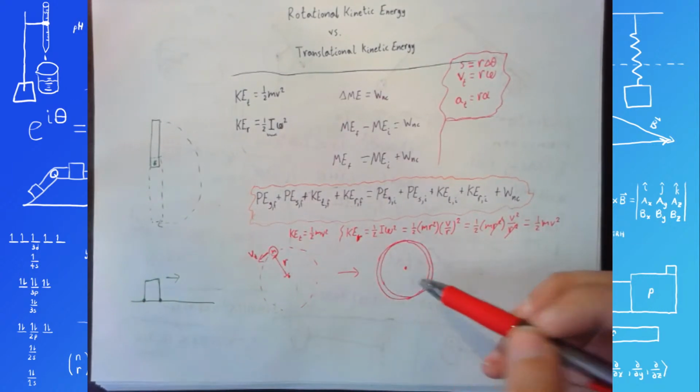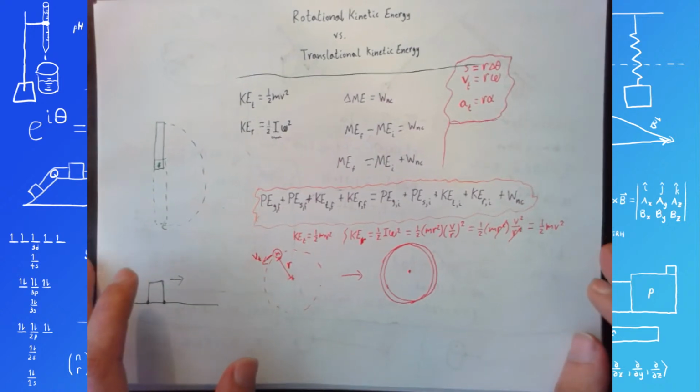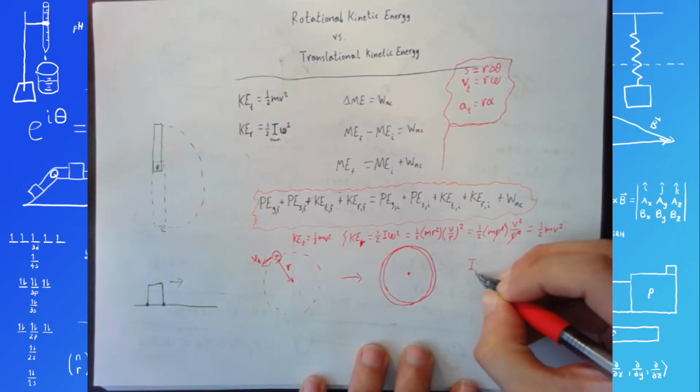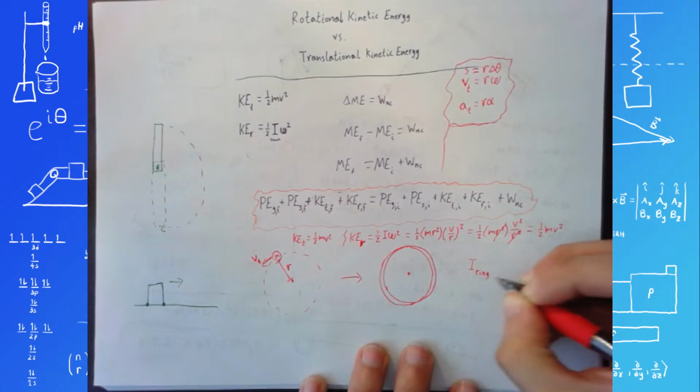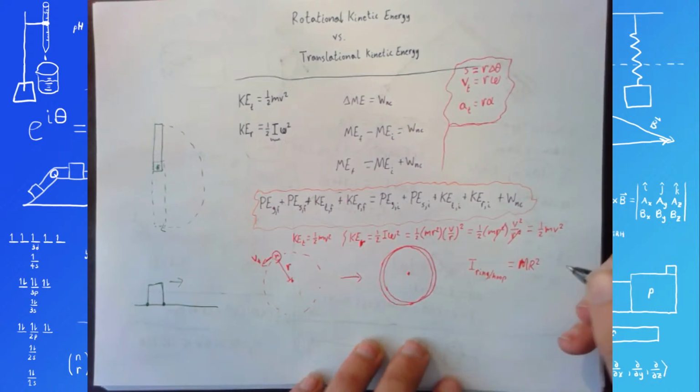Okay, what about this situation where I take this mass and I spread it out over the circular path and turn it into a ring? Well, we said that the moment of inertia for a ring or hoop is mr squared. It's the mass of the ring times the radius of the ring squared.